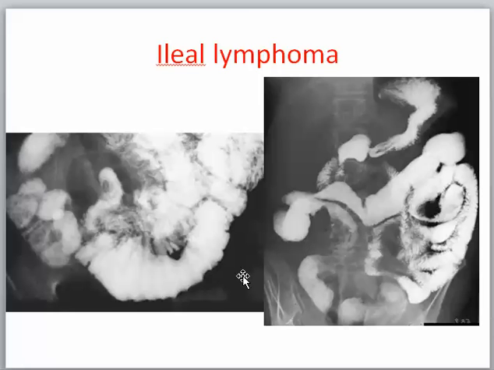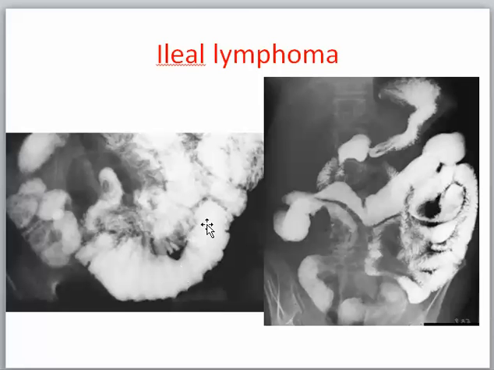How will lymphoma appear? Lymphoma starts in the small lymphoid tissues in the submucosa and starts as small nodules. These small nodules will coalesce together, forming larger nodules or polypoid lesions, which coalesce more to form masses and thus obstruction, and subsequently aneurysmal dilatation proximal to them.